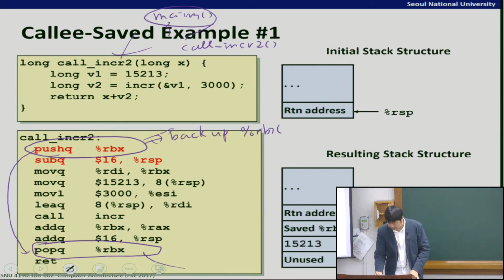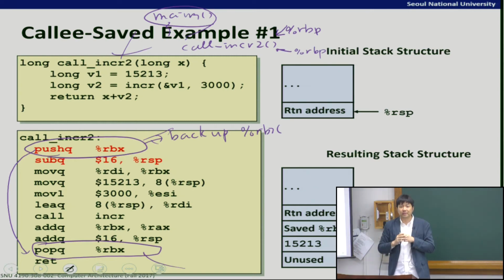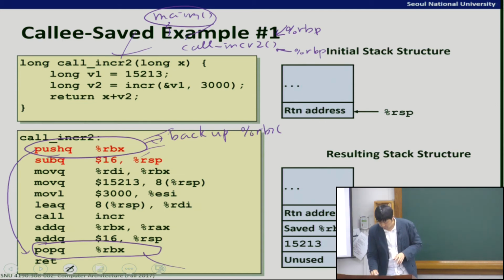So the RBP value here at this point of the program will be the same as the RBP value here. Before and after the function call, the value of RBP is the same, because it's pushed at the beginning of the function and popped before returning. So the original value in RBP right before the function call will be preserved right after the function call.